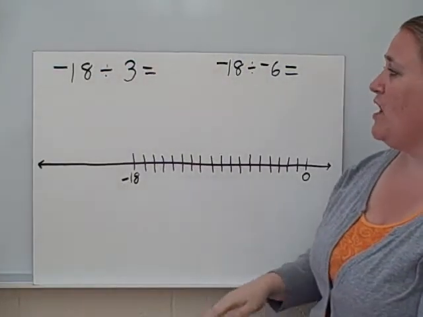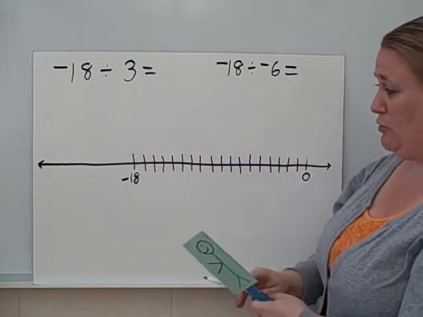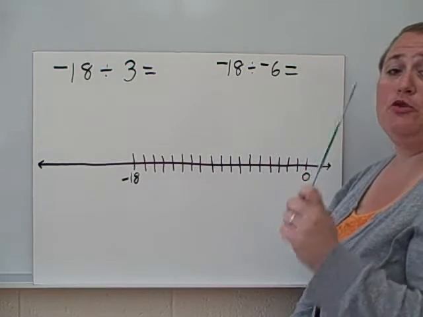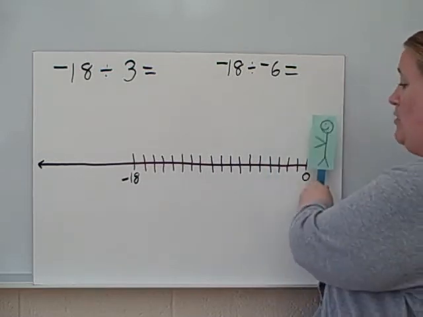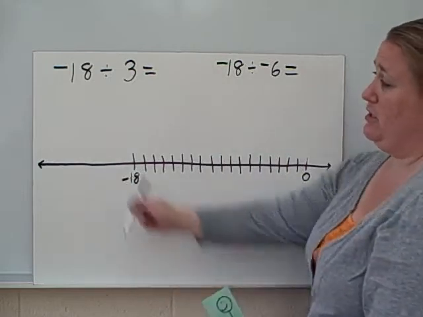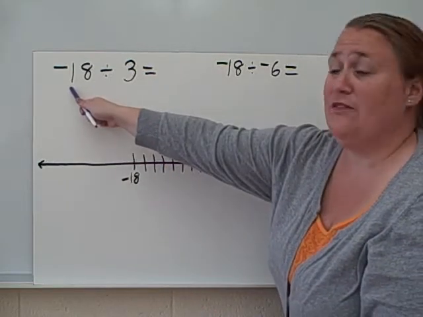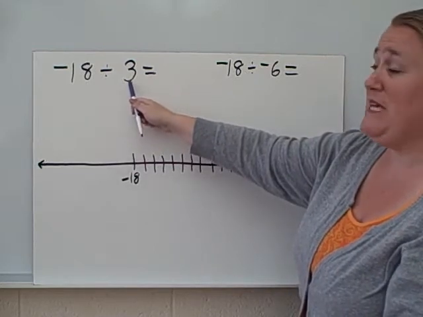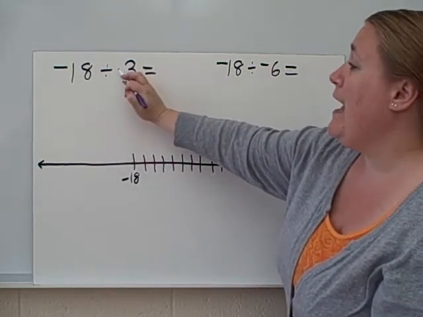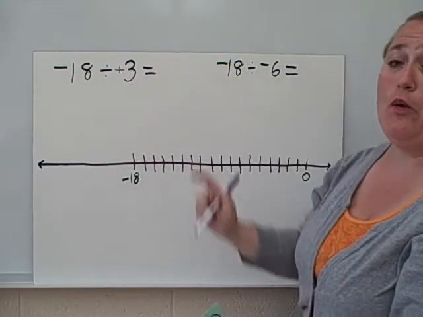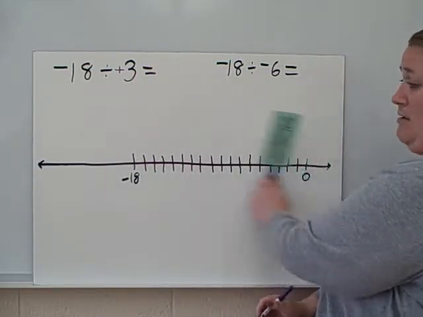This time we've got 2 that we're going to be doing for practice. So first things first, you always start at 0 facing your destination. My destination is negative 18. And I'm dividing by 3. So I'm taking steps of 3, and this is a positive 3. So I'm facing my destination.